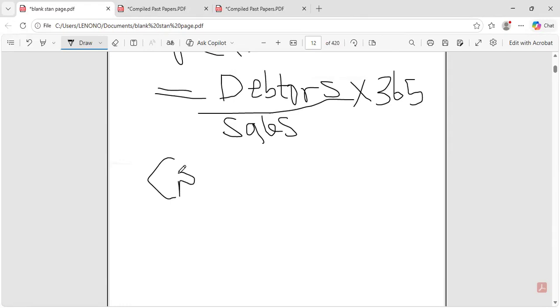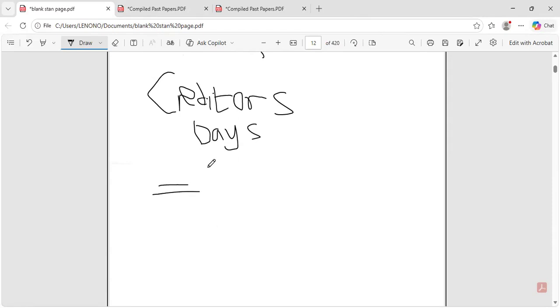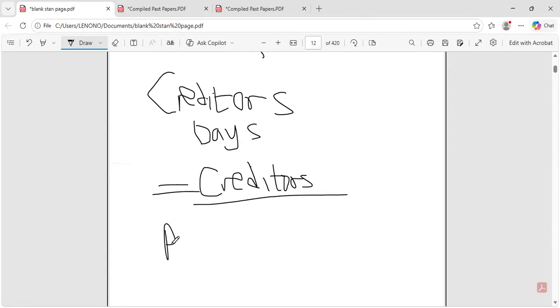So here we have creditors' days. It is equal to creditors over purchases times 365.